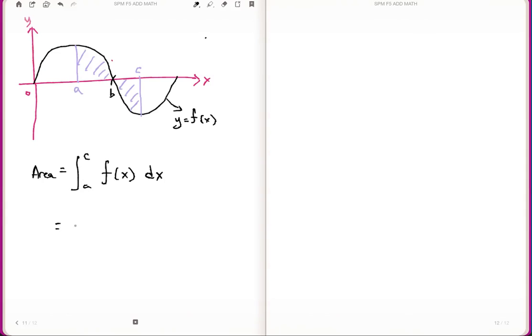What happened? You need to integrate separately. First of all, you integrate this region. This is a positive y, so it's easy, because you rewrite this as integration a to b f(x), the positive y region, plus integration b to c of the function dx, and the extra thing I want you to do is you get a modulus.